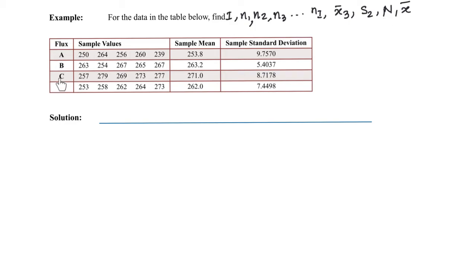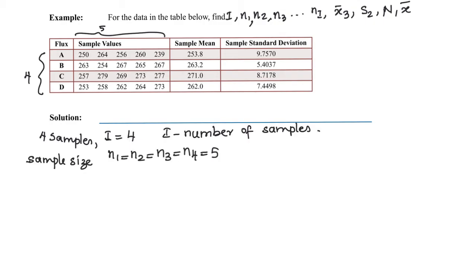Here we have 4 samples and the sample size of each one is 5. 4 samples means I equals 4. The sample size of each one is 5, so N1 equals N2 equals N3 equals N4 equals 5. These are the sample means x i bar and sample standard deviations S i.